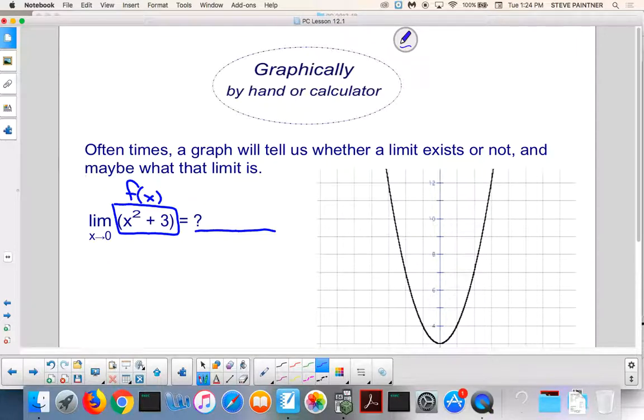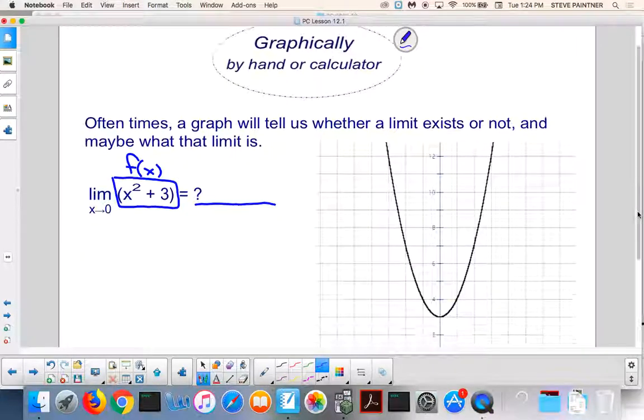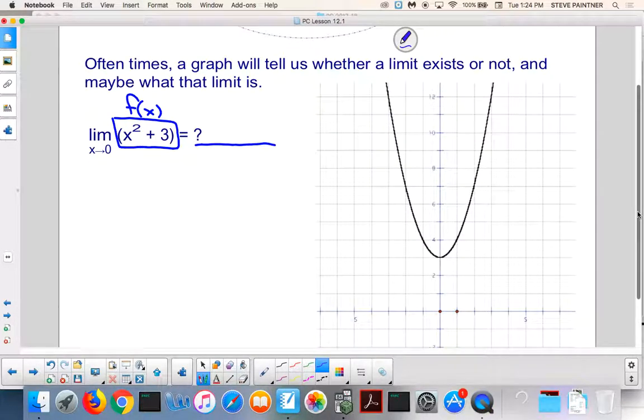0. Look over. Some of you probably see it right away. Here's 0 on the x-axis. As you come in from the right, as you come in from the left, you know all these answers are happening. So you're moving downhill, you're approaching that number.